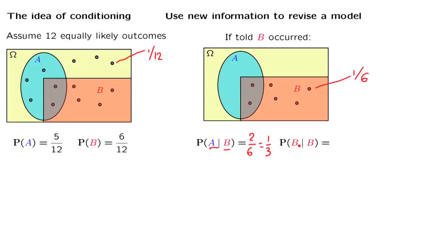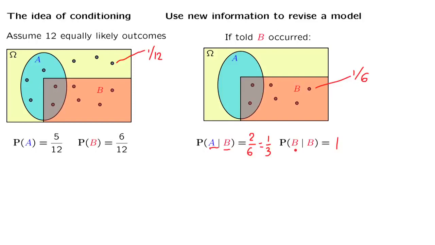How about event B? Well, B consists of 6 possible outcomes, each with probability 1 over 6, so event B in this revised model should have probability equal to 1. Of course, this is just saying the obvious. Given that we already know that B has occurred, the probability that B occurs in this new model should be equal to 1.